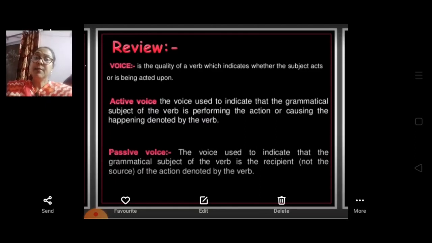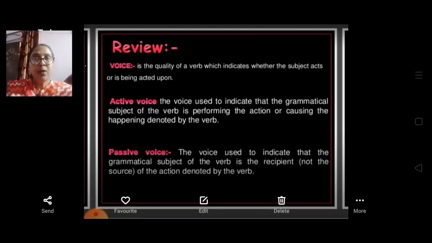That is the main purpose of active voice, or you can say this is the definition of active voice. Now in passive voice, the voice is used to indicate that the grammatical subject of the verb is the recipient, not the source, of the action denoted by the verb. So these are the main topics that we have talked about today.